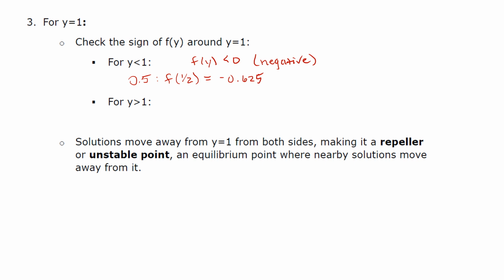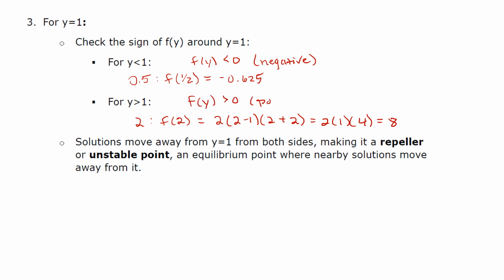Now let's choose one that's greater than 1, and we've already chosen 2, so let's stick with 2. So 2 times 2 minus 1, 2 plus 2, so that'll be 2 times 1 times 4, and that equals 8. So f of y is greater than 0, so that's positive.